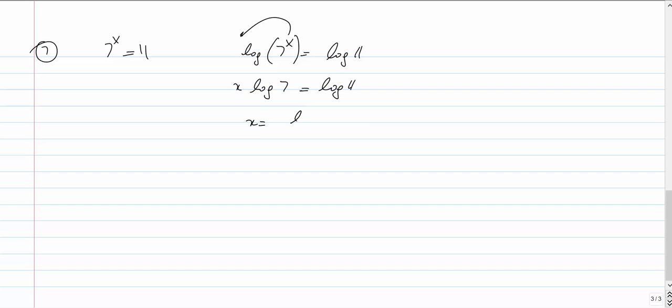And then x is equal to log 11 over log 7, and this will be approximately 1.23. The way to take the variable out of the exponent is taking the log of both sides, or natural log.